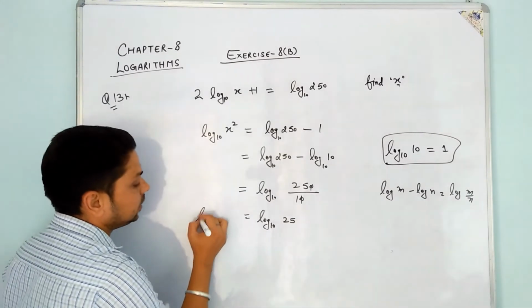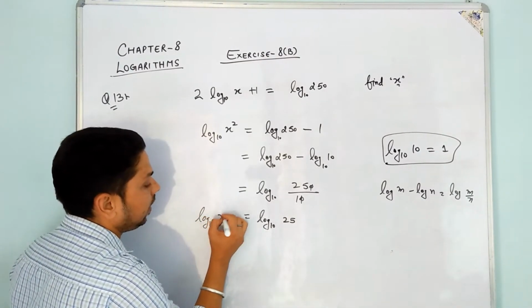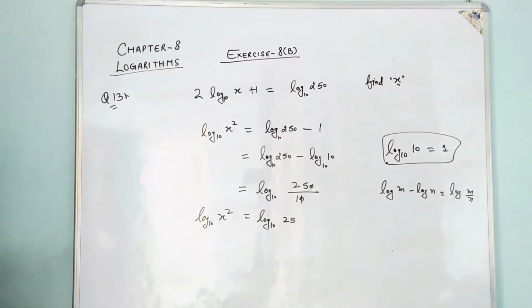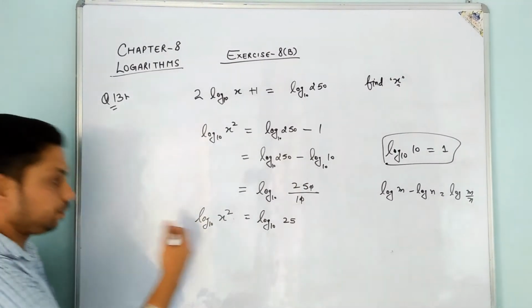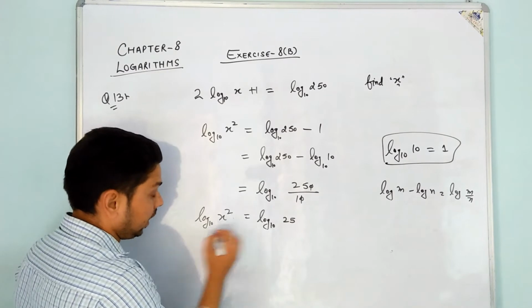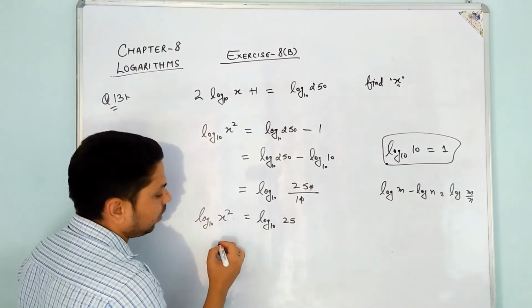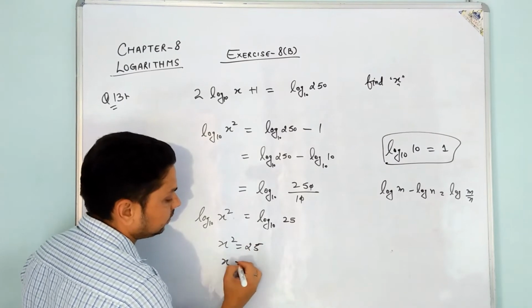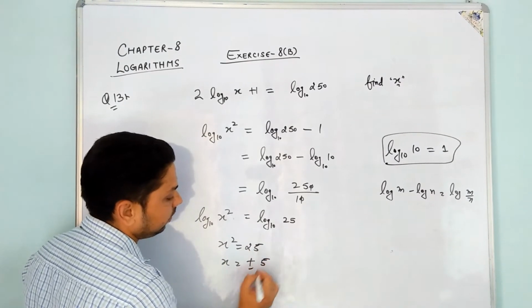Now what we have is log of 10x squared. Taking antilog on both sides, it will give you x squared is equal to 25. So x will be equal to plus minus 5.